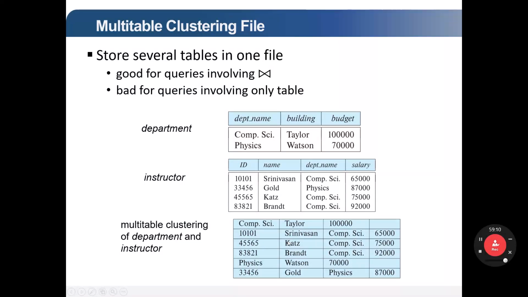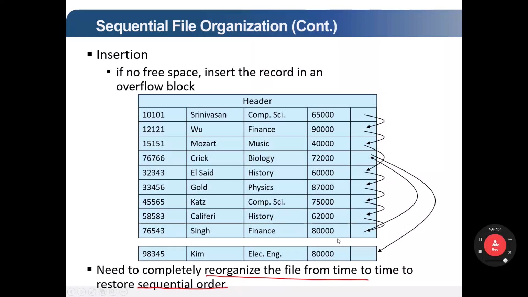Question regarding the sequential file organization. If we try to randomly access data that is no longer ordered sequentially, how does the system know whether the new tuple that was inserted is actually ordered correctly?